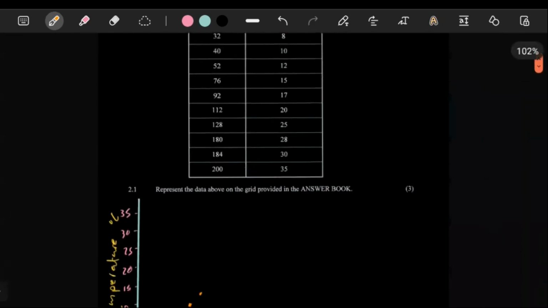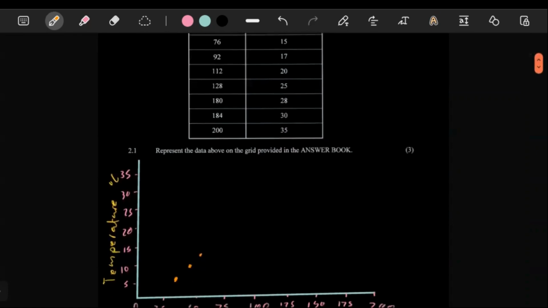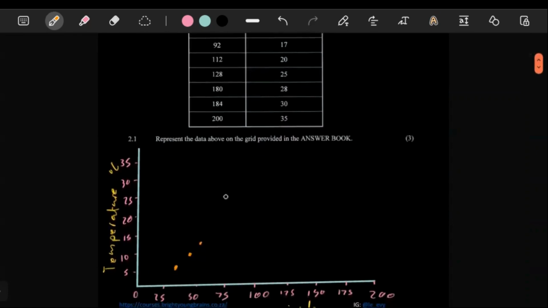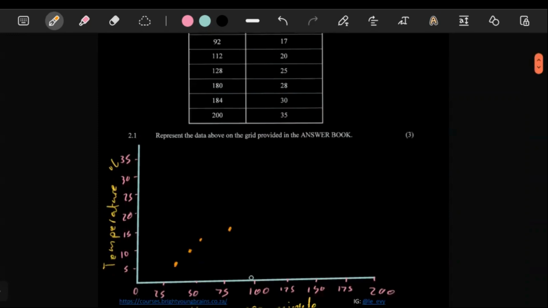Then 76 and 15. 76 is somewhere here. It's not looking bad. Then it says here 92 and 17, somewhere there. 112 and 20.